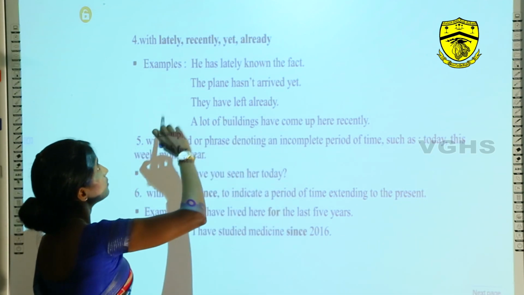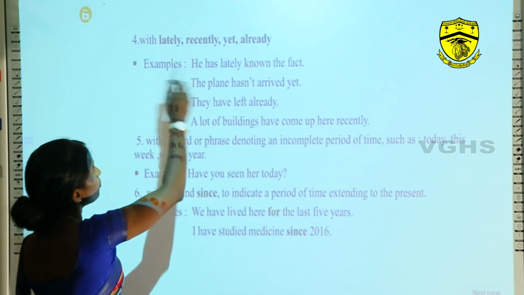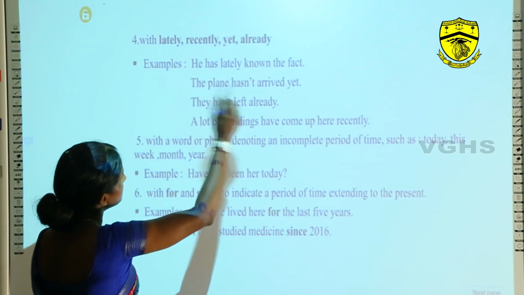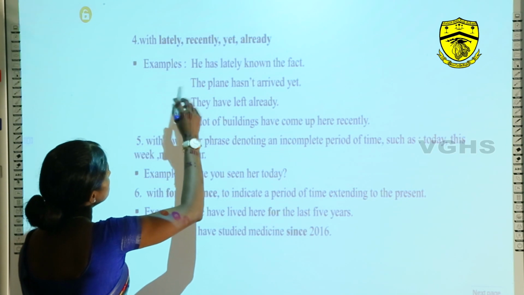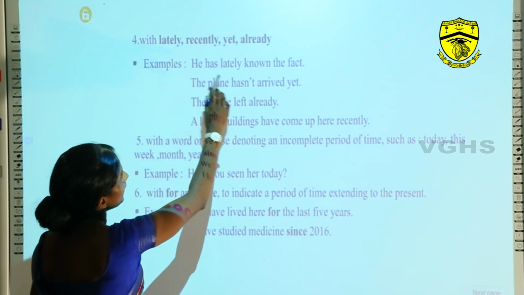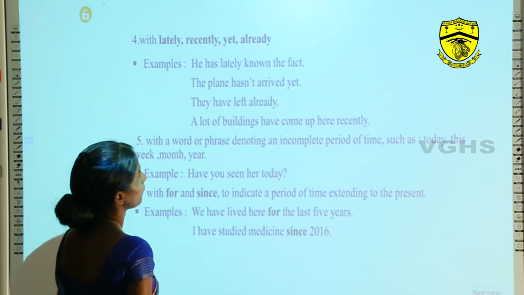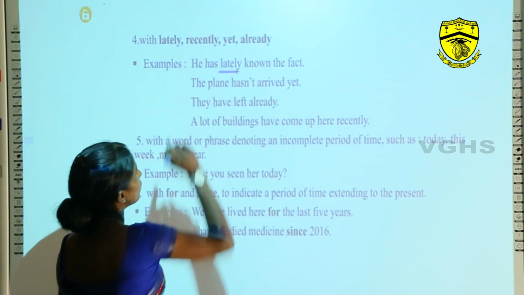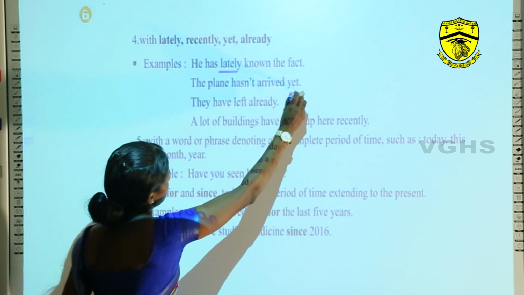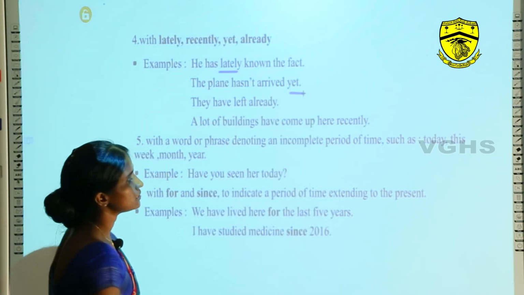And the fourth one: the present perfect tense is used with lately, recently, yet, already. These are adverbs. We can use the present perfect tense with these words. For example, he has lately known the fact. Another one, the plane hasn't arrived yet.